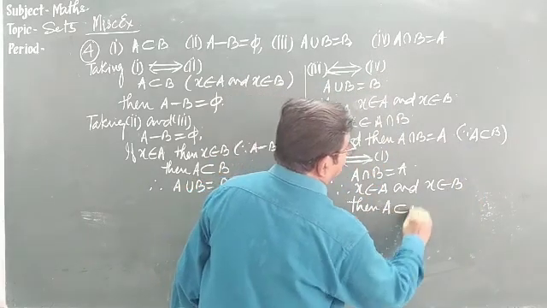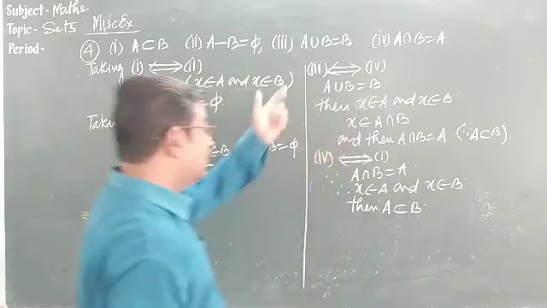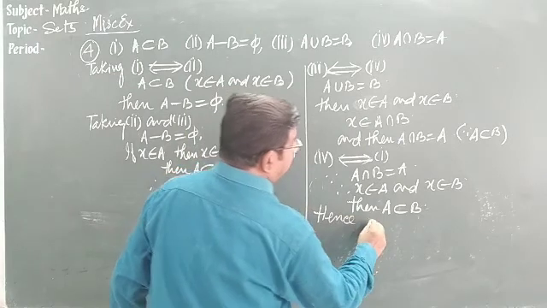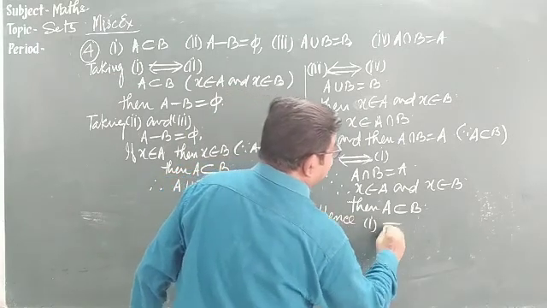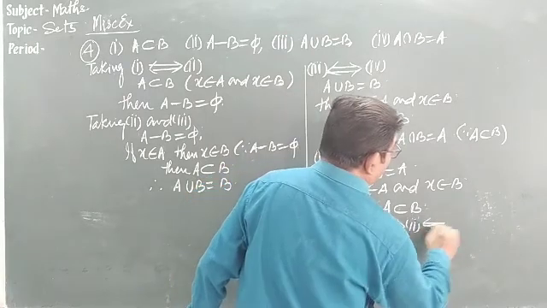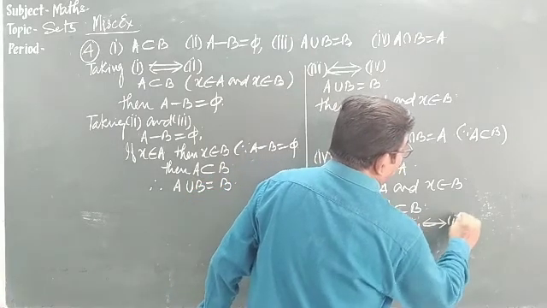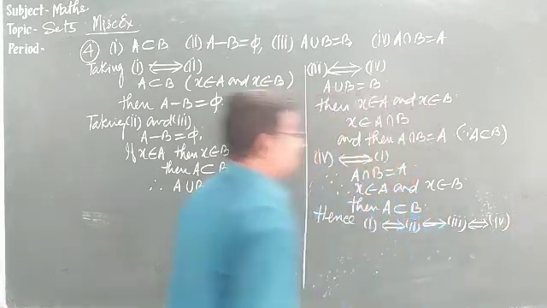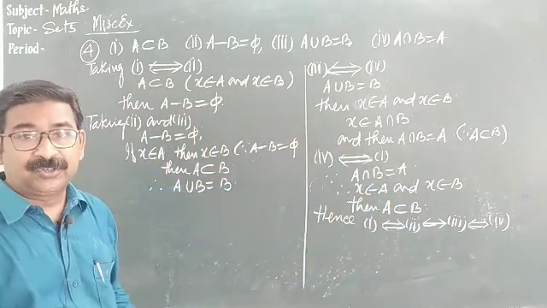A is subset of B. So this is all about it. Hence we can write like this: first is equivalent to second, is equivalent to third, is equivalent to fourth. This is how we write the answer of this question.